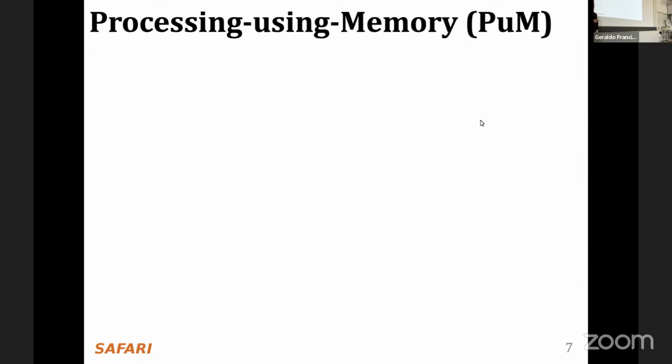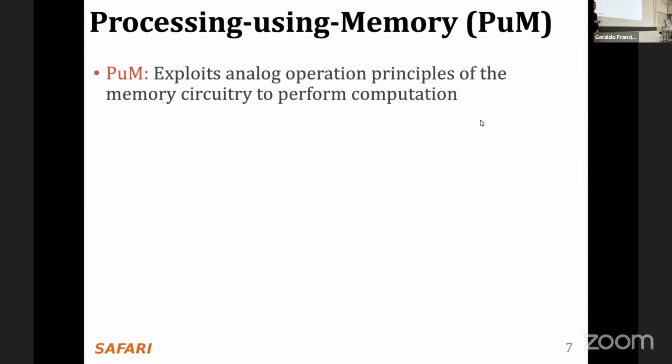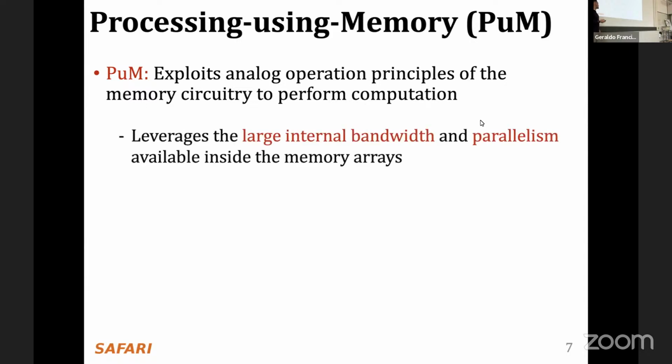In particular, processing using memory is what we're going to talk about here. In processing using memory, we use the analog properties of the memory cells themselves to perform computation, which allows us to leverage the massive internal parallelism available inside memory devices.